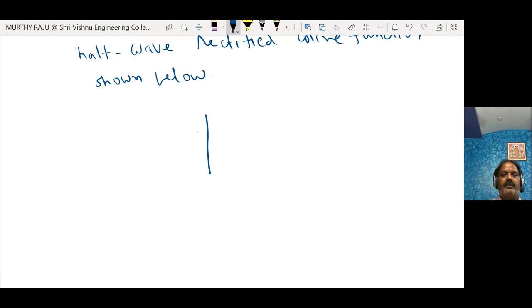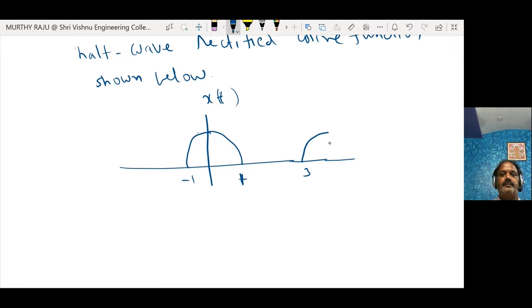This is the half wave rectified cosine function x of t. The time axis is marked at minus 1, plus 1, 3, 5, minus 3, minus 5.